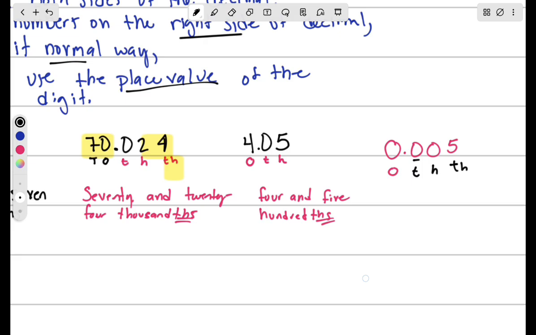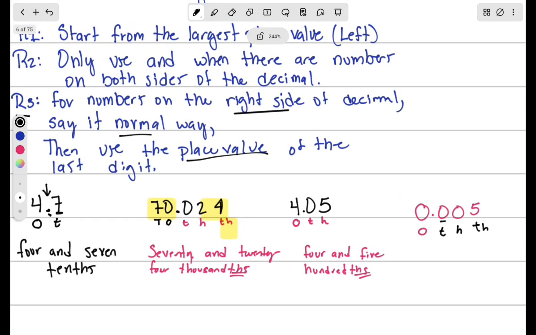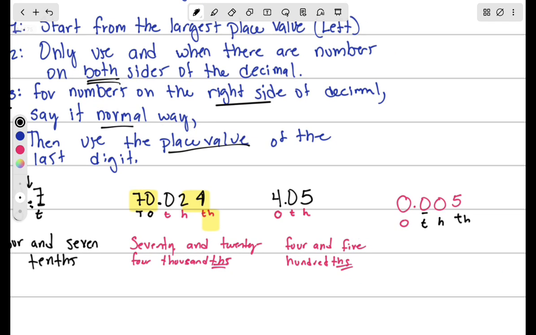The reason why I said you can only use "and" when there is something on what? On both sides. We ain't got no "and," so you can't use "and." You just say it without the "and." How much is this? There you go, 5,000 THS. That's it.